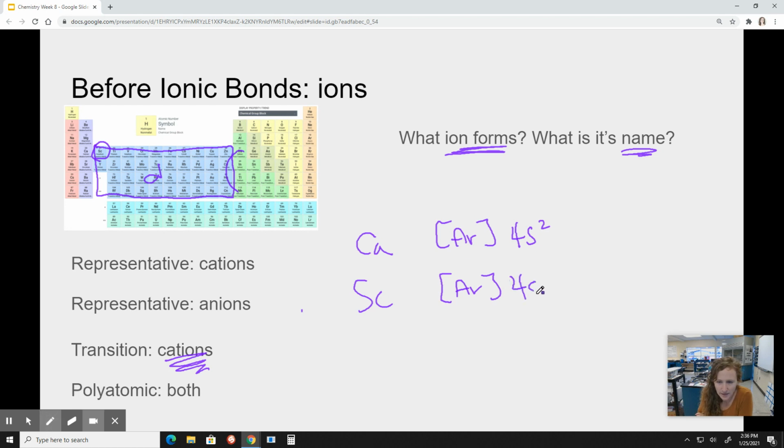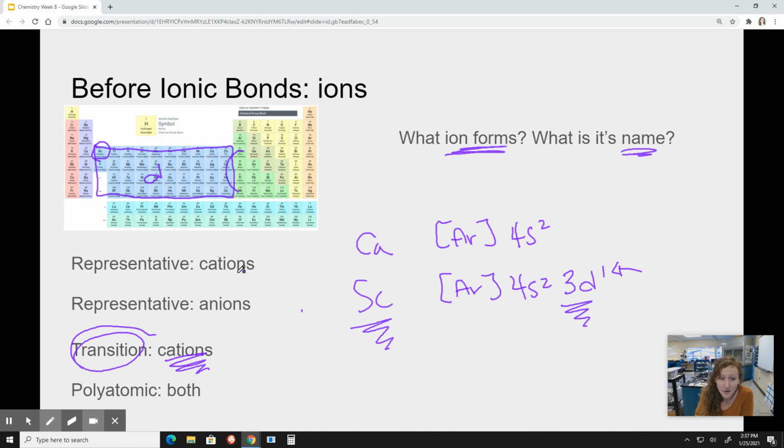Okay, 4s2, 3d1. Notice scandium has an open D shell. Scandium already has an electron in the D shell. Any electron transitions that it goes through can now involve the D shell. And so because of this, scandium gets these really weird possibilities, which are the same for all transition metals.